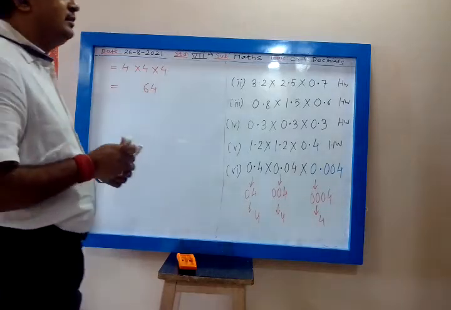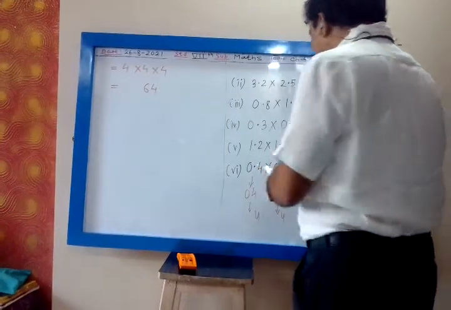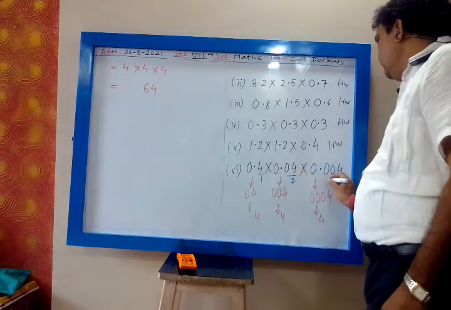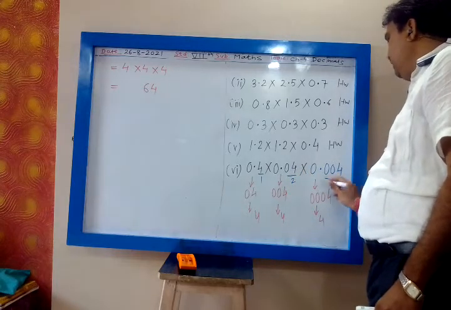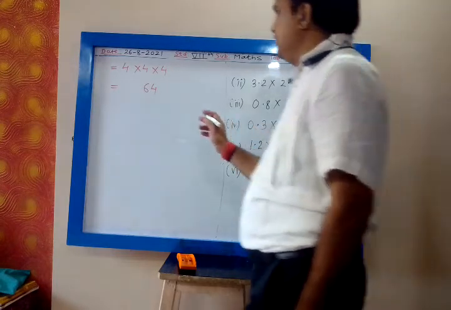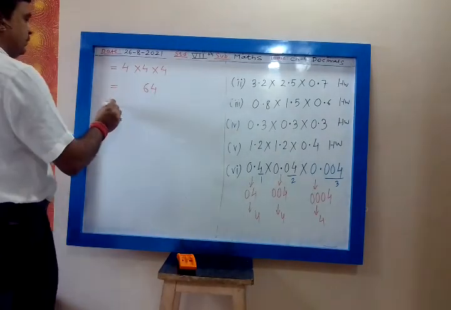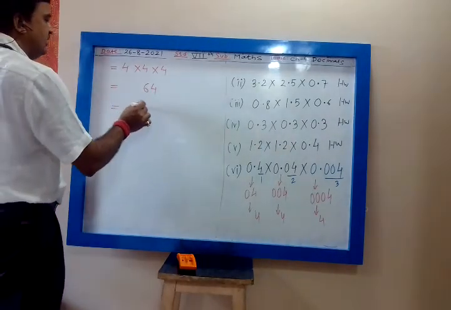But see how many decimal places are there? 1, then 2, then 3. 3 plus 2, 5, 5 plus 1, 6. So you want 6 decimal places. So before 64 I will add as many zeros as you want.